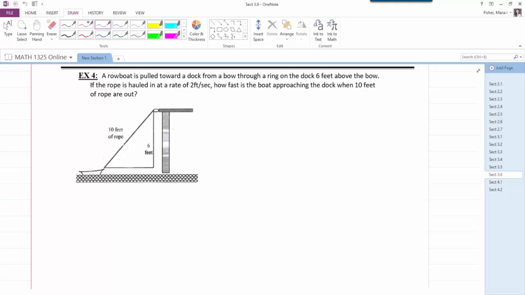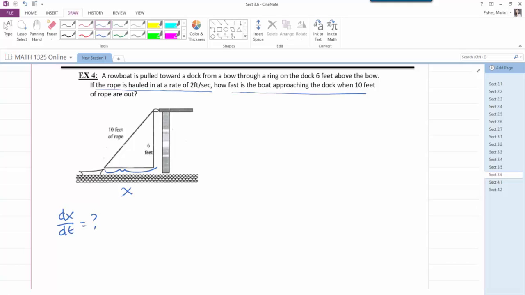The second step is to write down in calculus notation the rates we know and the rates we need to find. So we said, if the rope is hauled at a rate of 2 feet per second, how fast is the boat approaching the dock? Okay, so here is the boat. If we label the distance from the boat to the dock with X, we are looking for dx/dt.